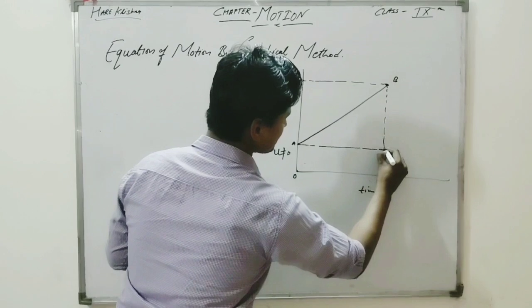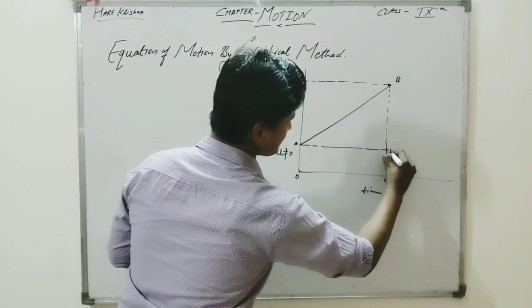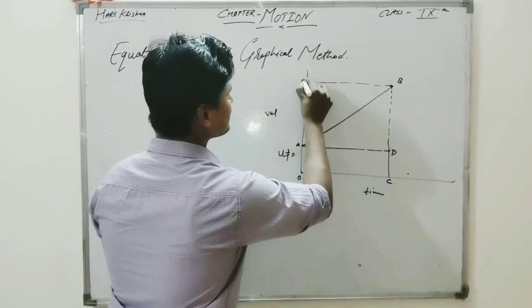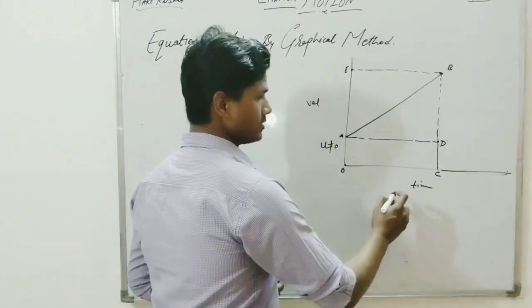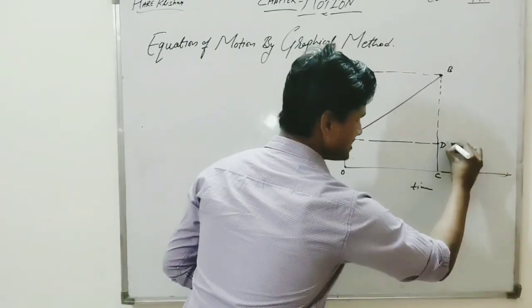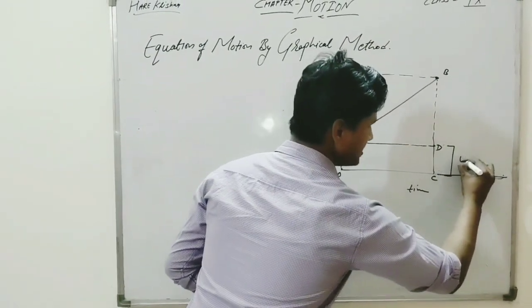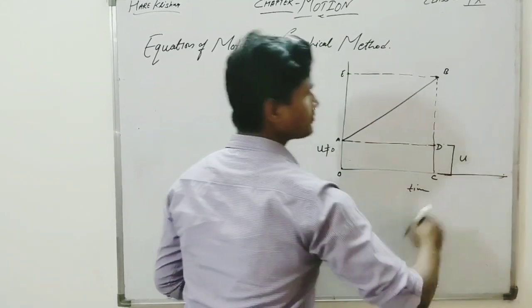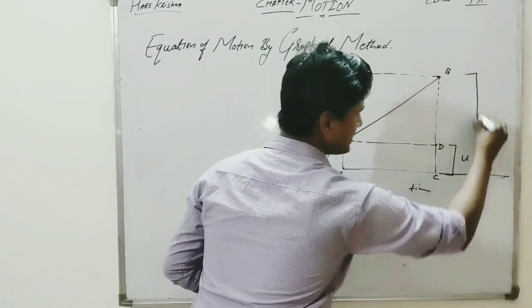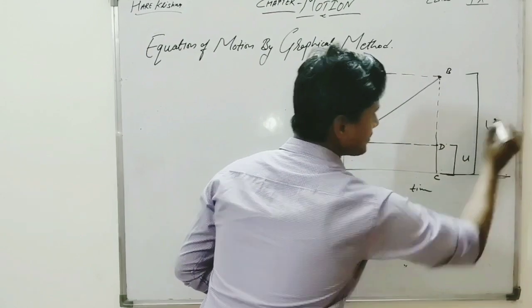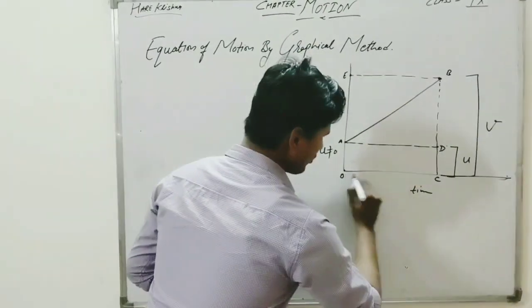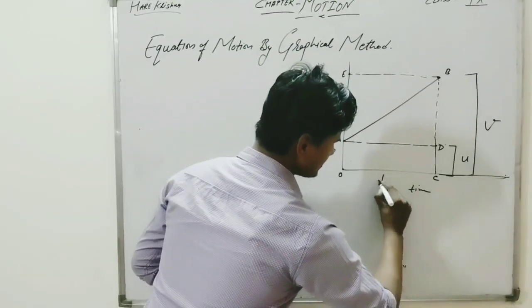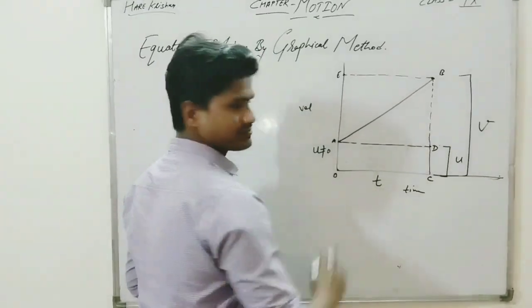The A pointers meet till this point, and we get D, and at last E. Here DC is initial velocity u, and from B to C this part is final velocity v, and OC is on the time line, it is t.